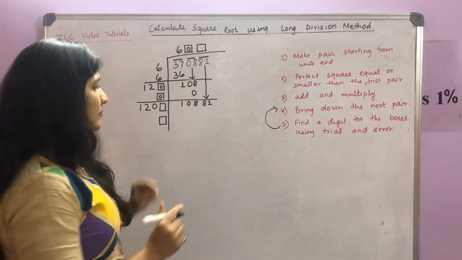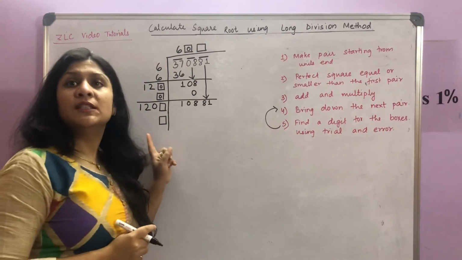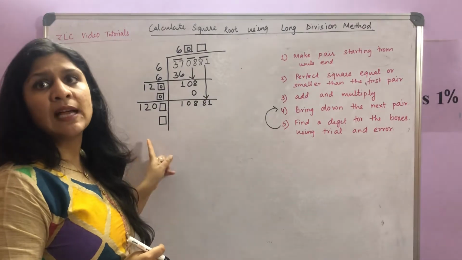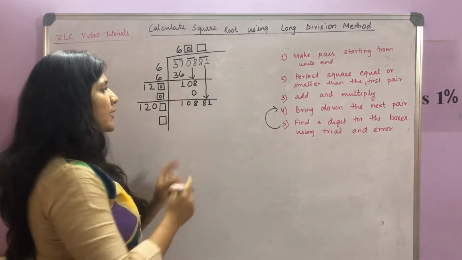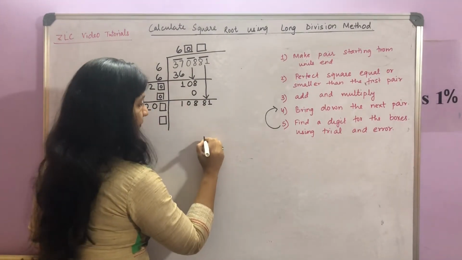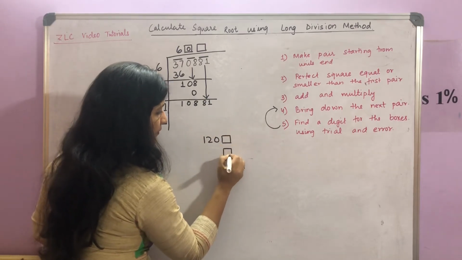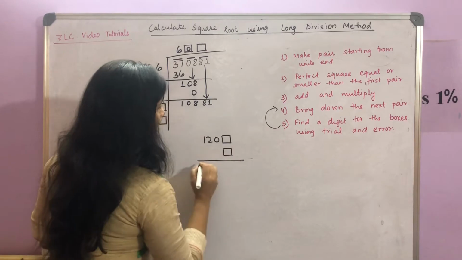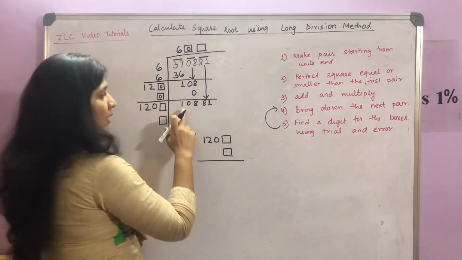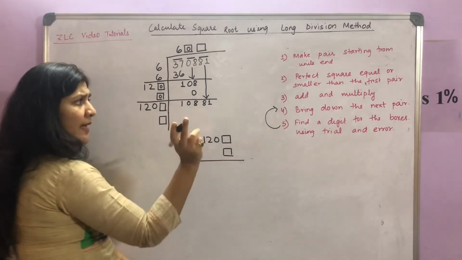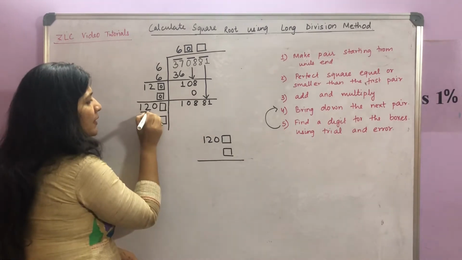Now, I have to again find the digit in my boxes such that the product is smaller than 10881. So what I'm going to do here is take the first two digits.